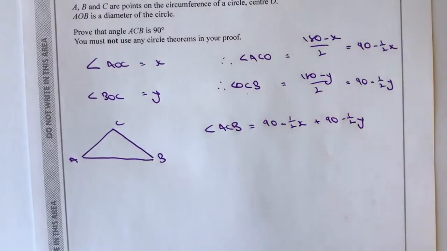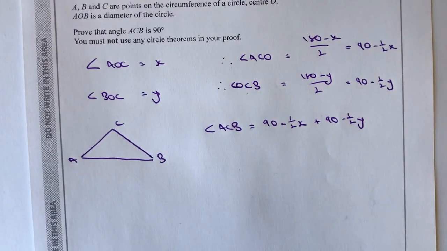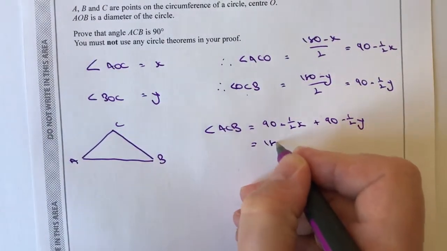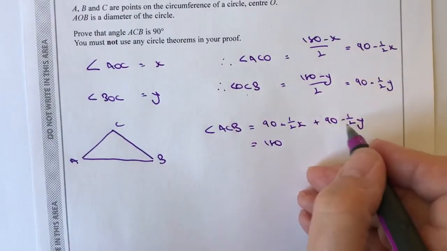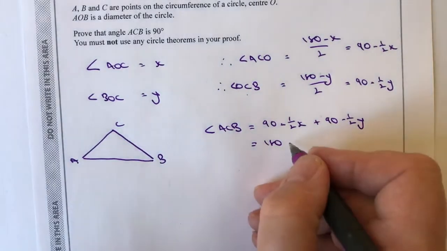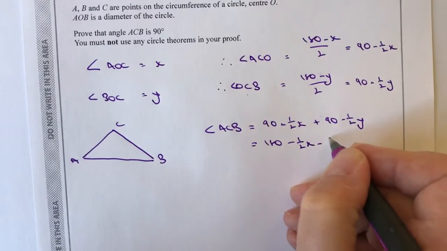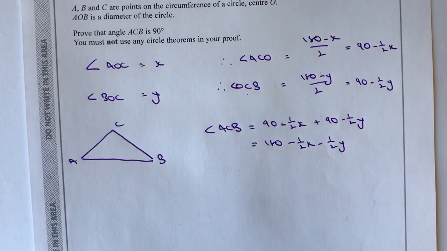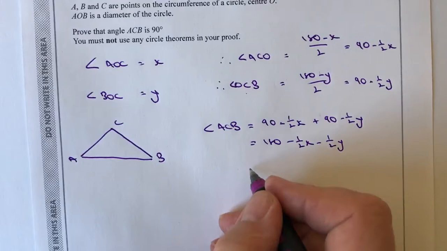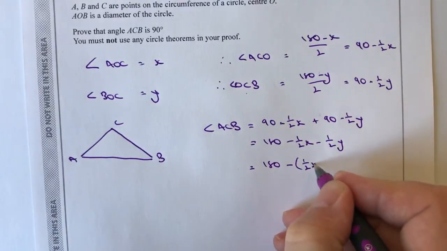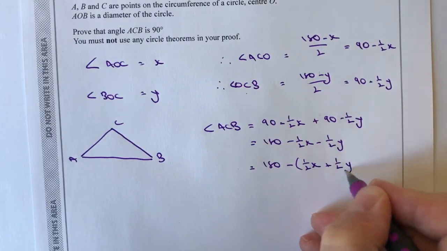Once I've gathered up my like terms, I get 90 plus 90 is 180, and minus a half x minus a half y. I can leave it like that, but I'm going to put this into brackets: 180 minus, a half x plus a half y.